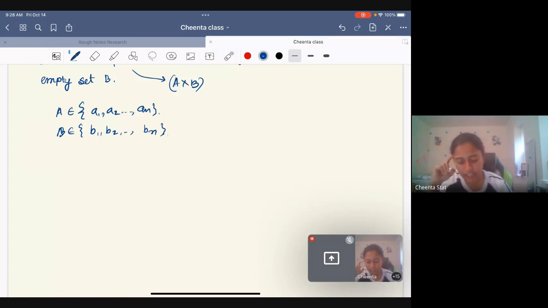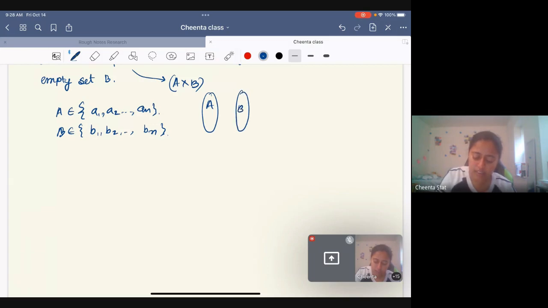Then if you take the Cartesian product of set A to set B, you are going to get a relation. So you can make A1, B1, A2, B2, or A1, B1, or A2, B1 also at some point. And these are the ordered pairs. This is important. The ordering is important.